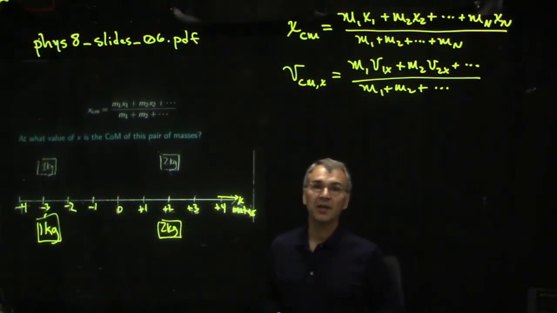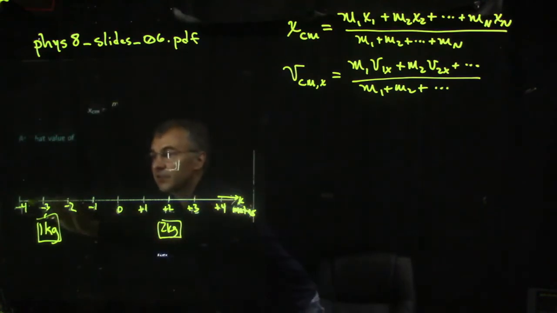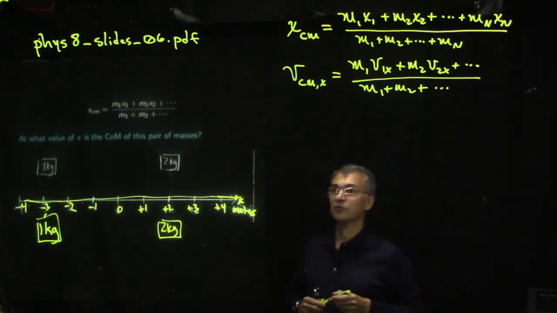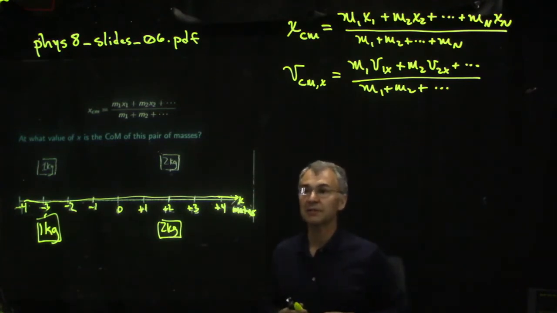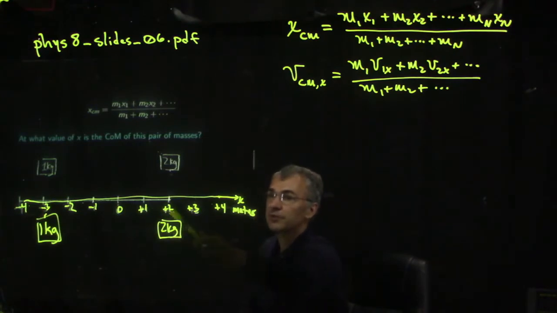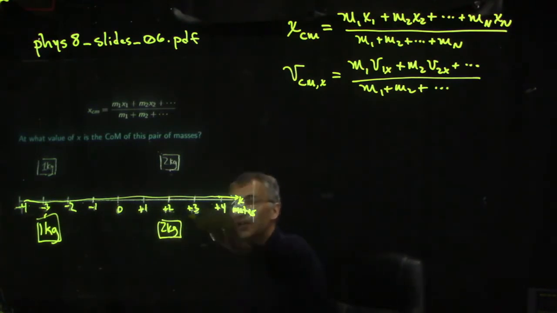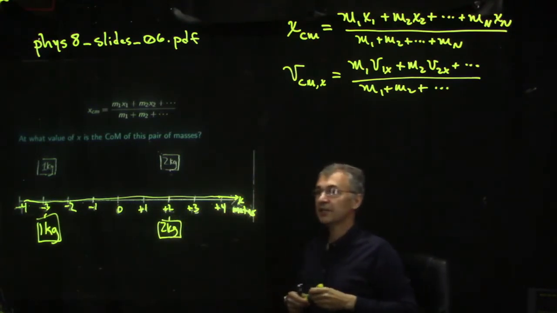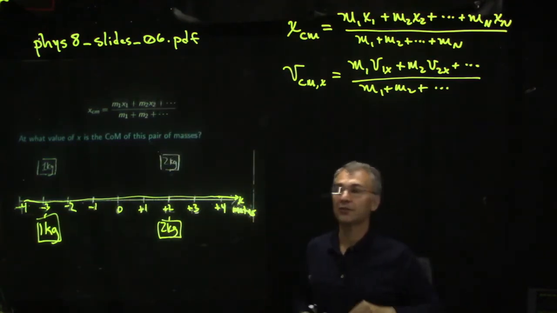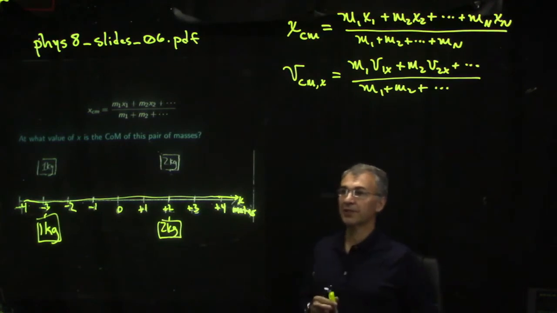Okay, let's say we have an x-axis. The x-axis points to the right, and it's labeled in meters. So here's -4, -3, -2, -1, 0, +1, +2, +3, +4. And let's say we have a 1 kilogram object here at x equals -3 meters, and we have a 2 kilogram object here at x equals +2 meters.